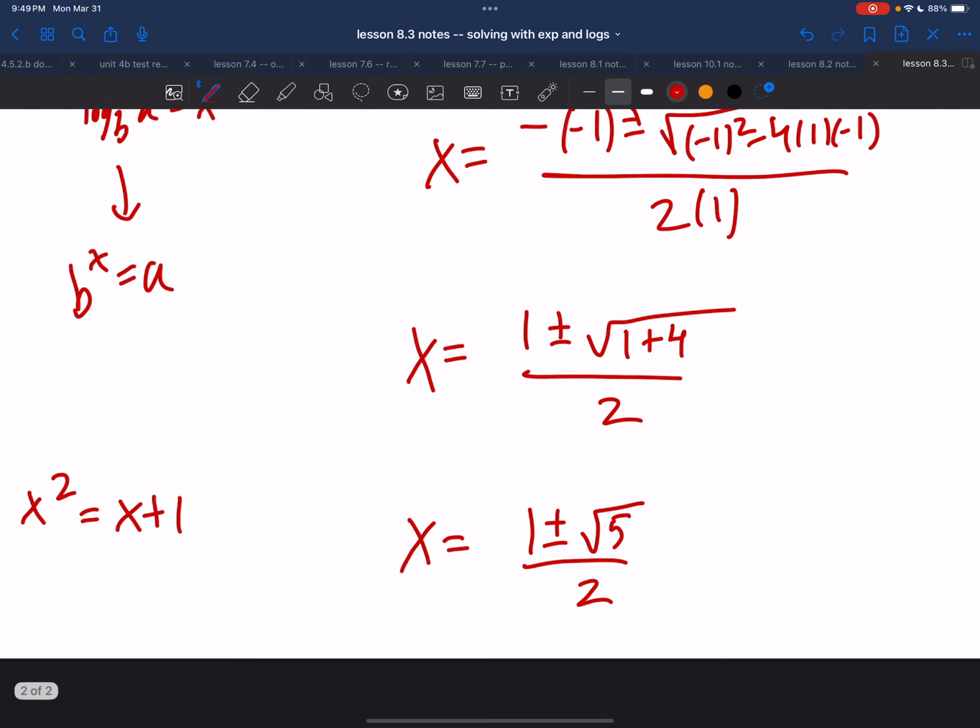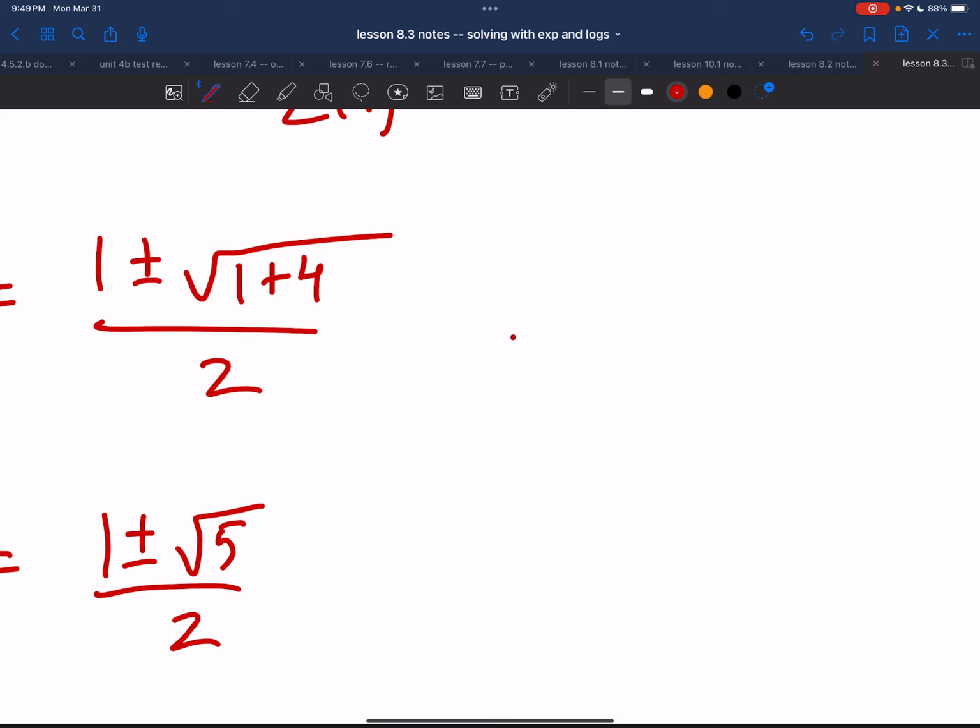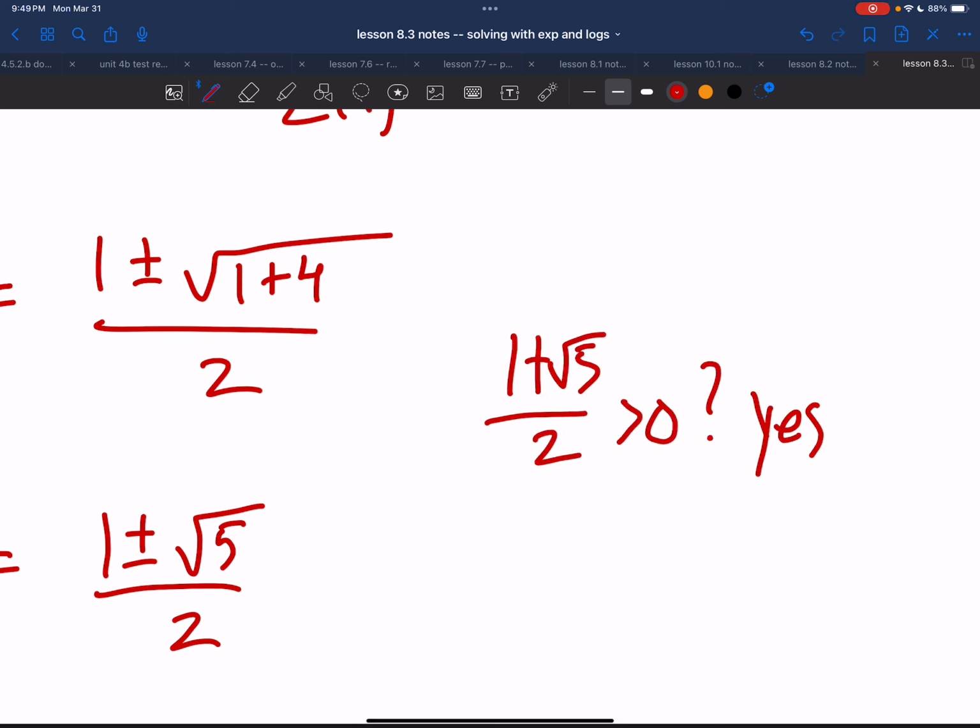So if I look at my answer, 1 plus root 5 over 2, is this more than 0? Yes, because 1 is positive and root 5 is positive, so positive plus positive is positive over 2, that's fine. But 1 minus root 5 over 2, is this positive?